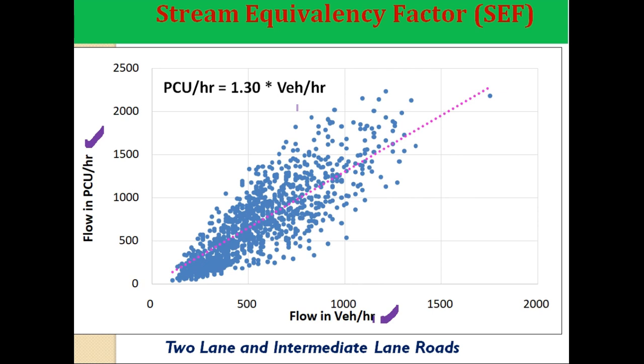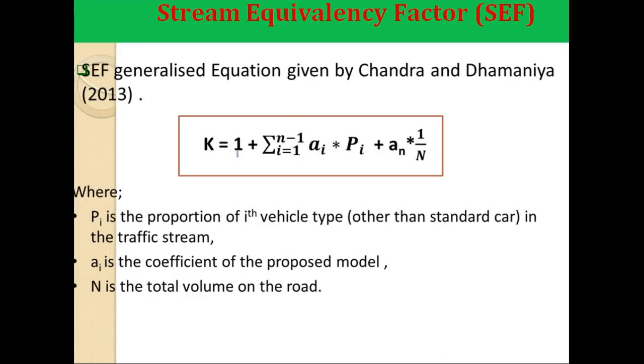and therefore an equation like this is suggested in the manual: 1 plus sigma A_i into P_i plus A_n into 1 upon n, where P_i is the proportion of vehicles of type i other than a standard car, A_i is a coefficient, and A_n is also a coefficient, and n is the total volume on the road in vehicles per hour.